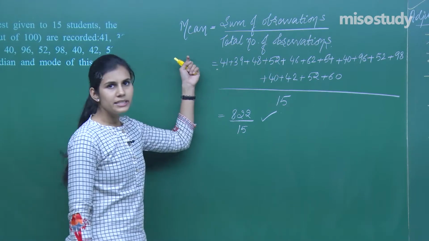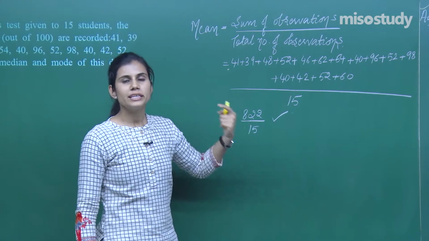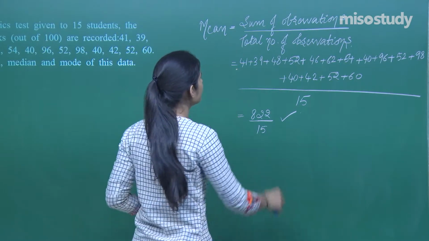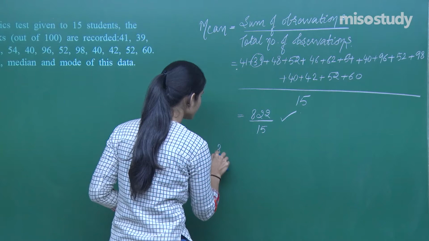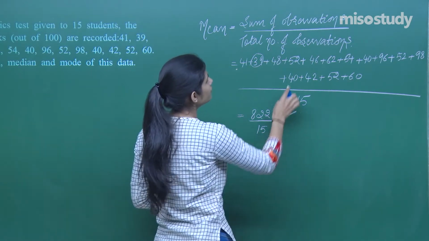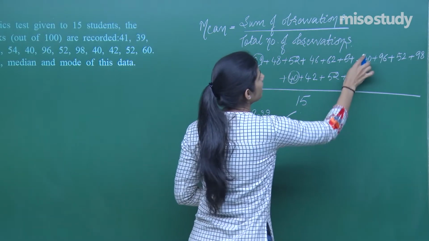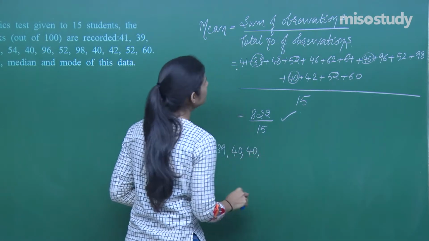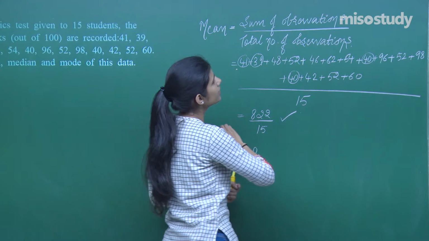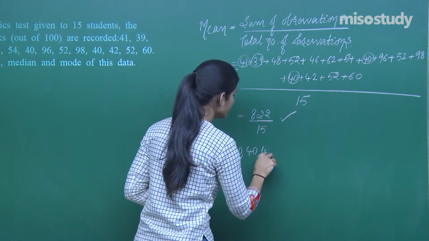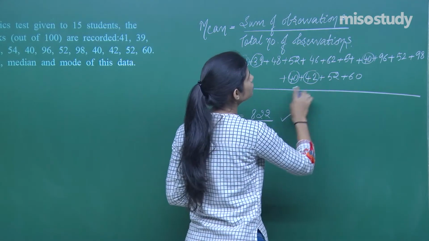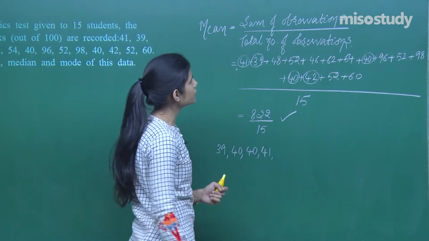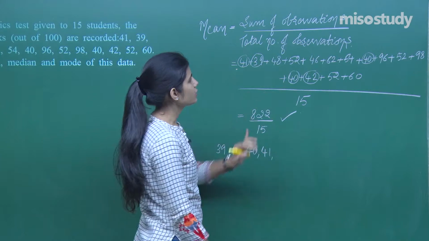In order to get the median, we first of all need to arrange the data in ascending or descending order. So if I look at the data, the minimum value is 39. So you begin with 39. Then you have 40, 40, and then 40 again. Then you have 41, just one 41. Then you have 42, just one 42.